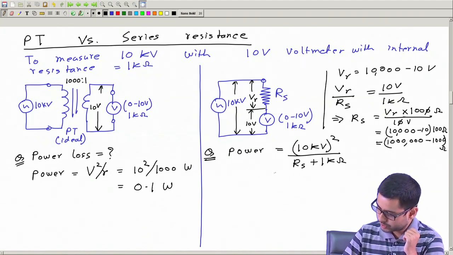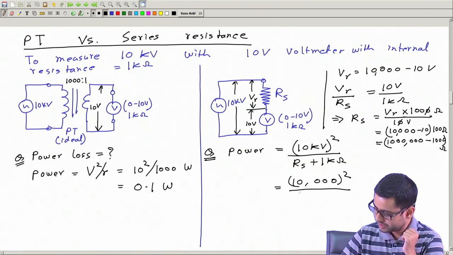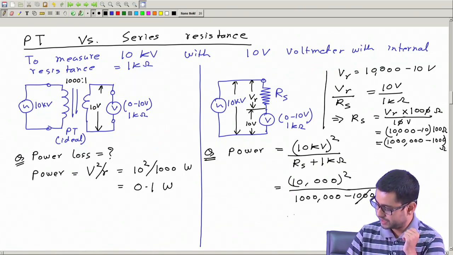Okay, so here we can write 10 kilo square divided by Rs plus 1 kilo ohm, which is this, minus 1000 and plus 1 kilo ohm. This cancels.